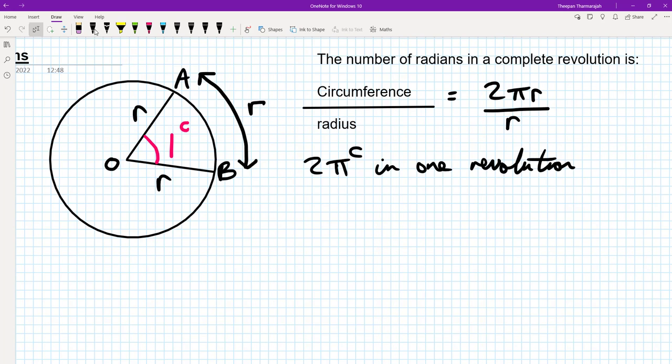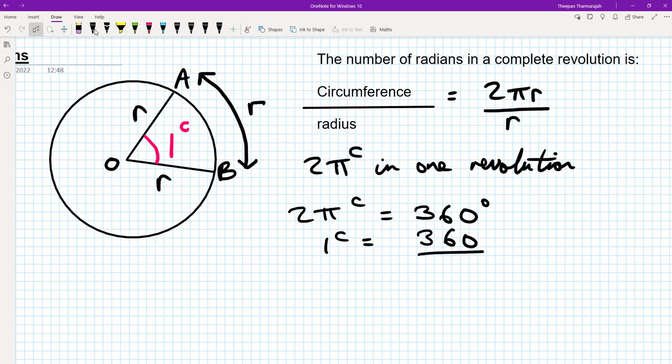Now we know from GCSE that 1 revolution is 360 degrees. So we can say that 2 pi radians is exactly the same as 360 degrees. So from there we can say that 1 radian is exactly the same as 360 divided by 2 pi.